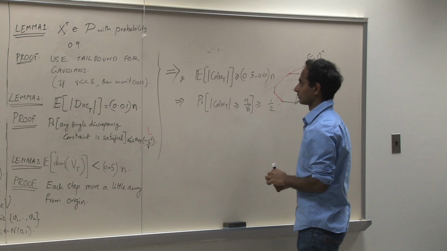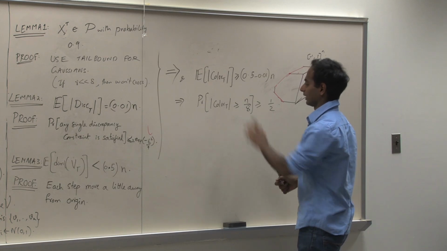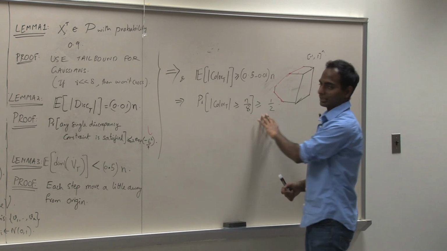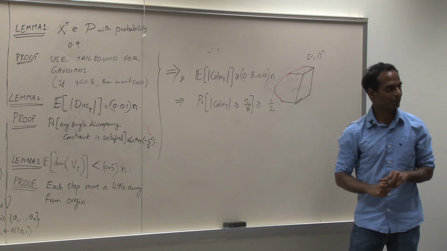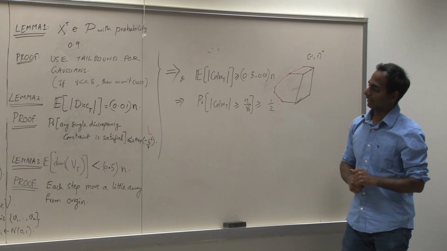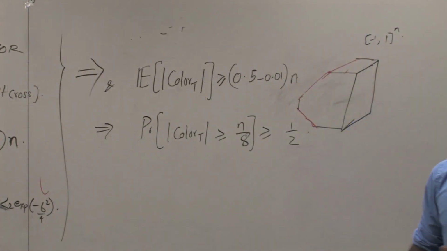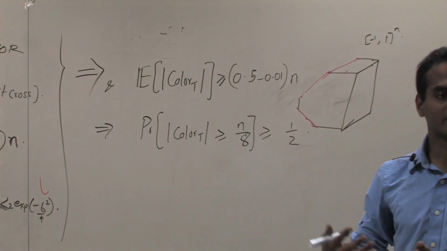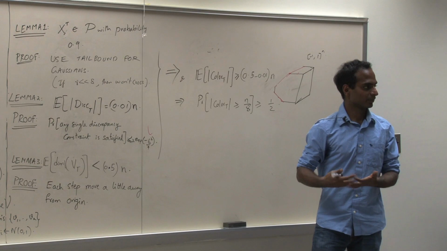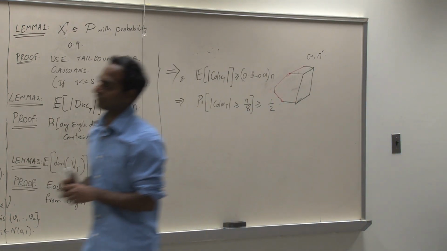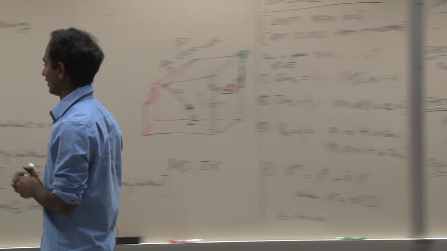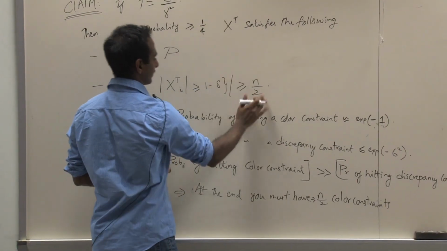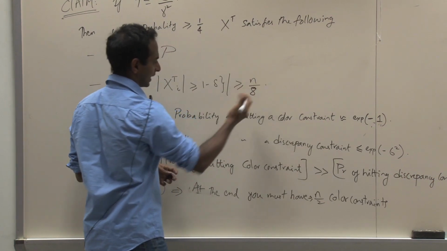So I can show that the probability that it's at least n over 8 is significant. And now I'm basically done, right? So I have 0.9 here and 0.5 here. So if I combine the two, there should be some intersection between the events, right? So which shows that you might not get 1 over 2 here. Let's say you get 1/4, and you won't get n over 2, but you get n over 8.